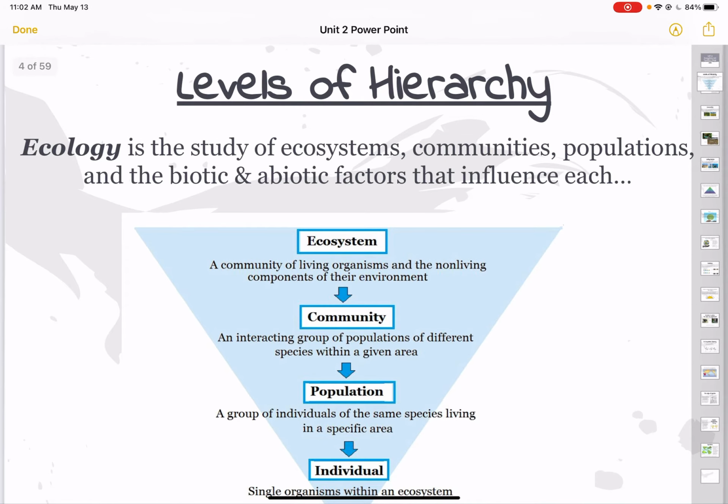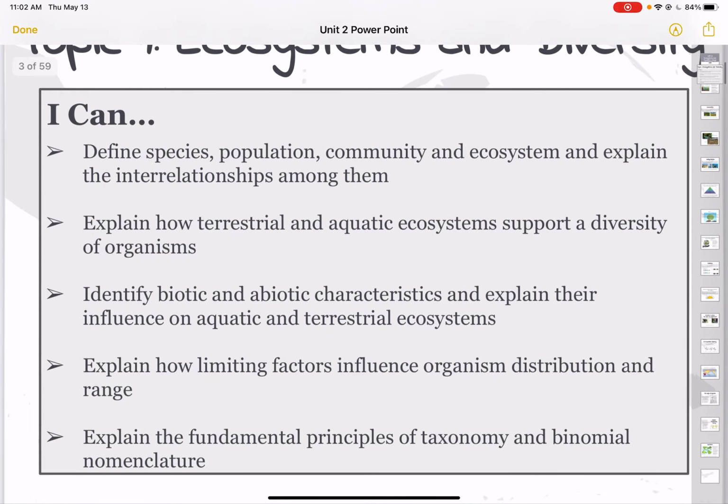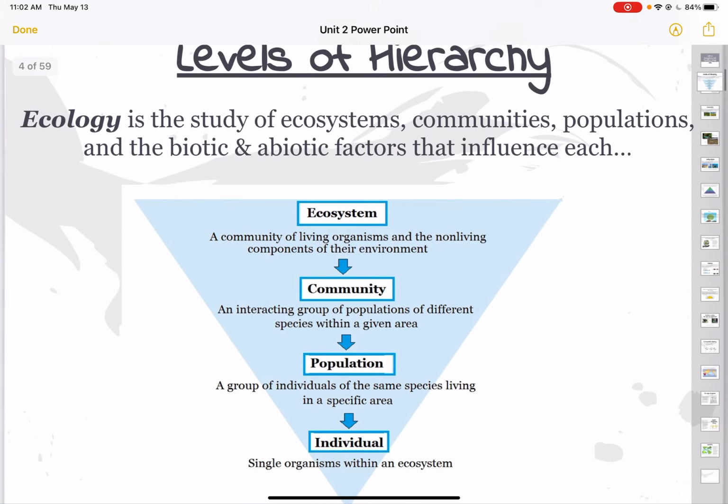So starting out, our first I can statement is looking at what a species, population, community, and ecosystem are. Basically that is separated into a hierarchy. A hierarchy is sort of like the biggest things are on the top, and it brings us down to the smallest. It's sort of a level or some sort of system.